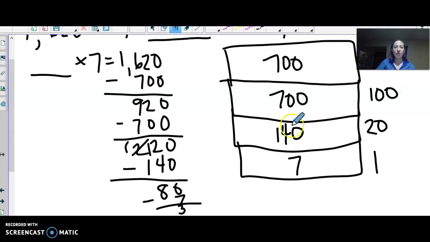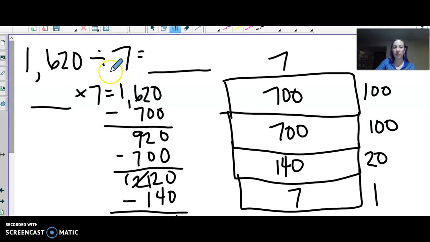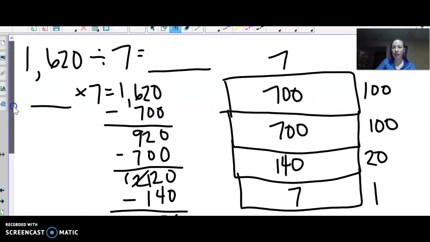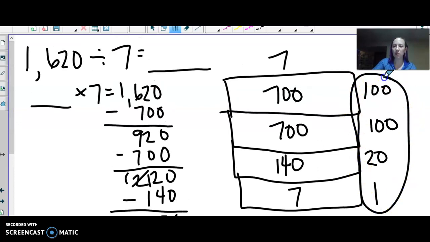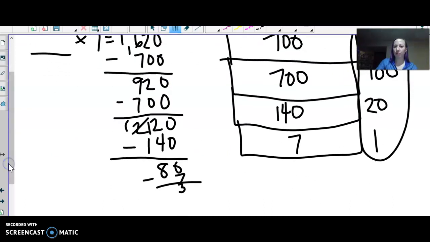If I have less than what I am dividing by, less than my divisor, then I know that's my remainder. So I can add these numbers up to get my quotient or my answer. So 221 remainder 3. I feel like I made a mistake somewhere.